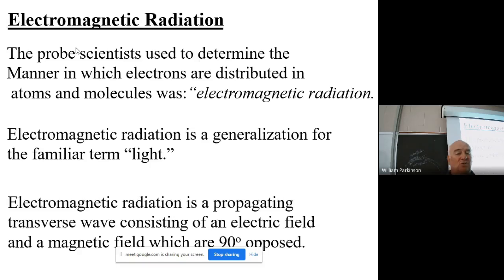Let me try to describe what they mean. The idea of electromagnetic radiation being a propagating wave means it's a wave that moves through space. We can think of an analogy of dropping a rock in a pond. It creates a disturbance in the pond, and now waves emanate outward from the point where the rock was dropped.